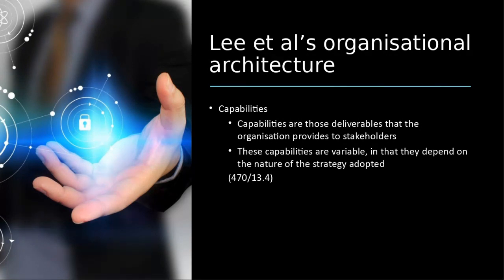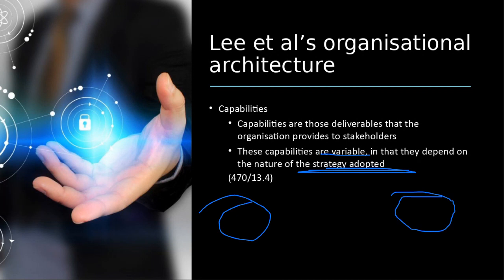In terms of those capabilities, they have to be variable because it depends on the strategy adopted. If you move from a cost-saving approach to an approach based around differentiation, for example, you immediately have to repurpose your capabilities.